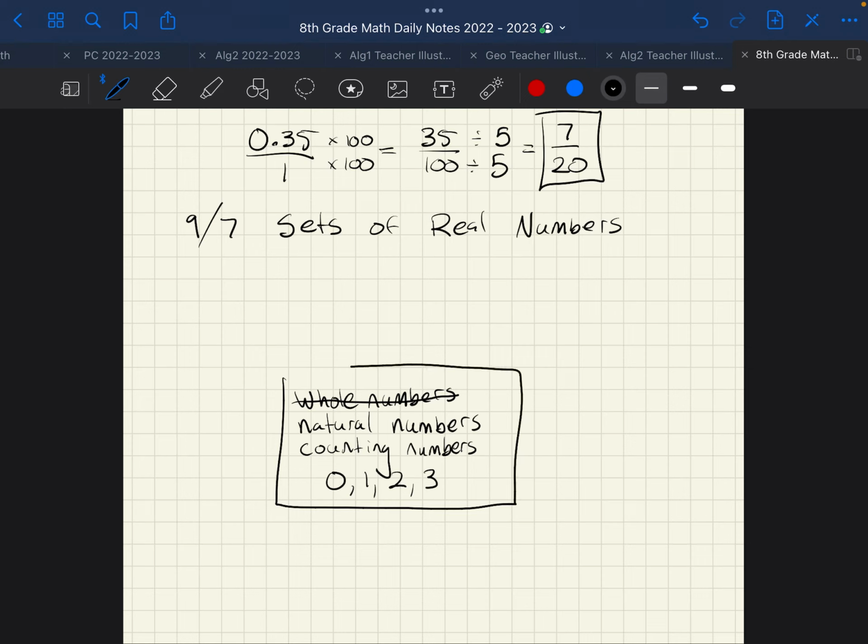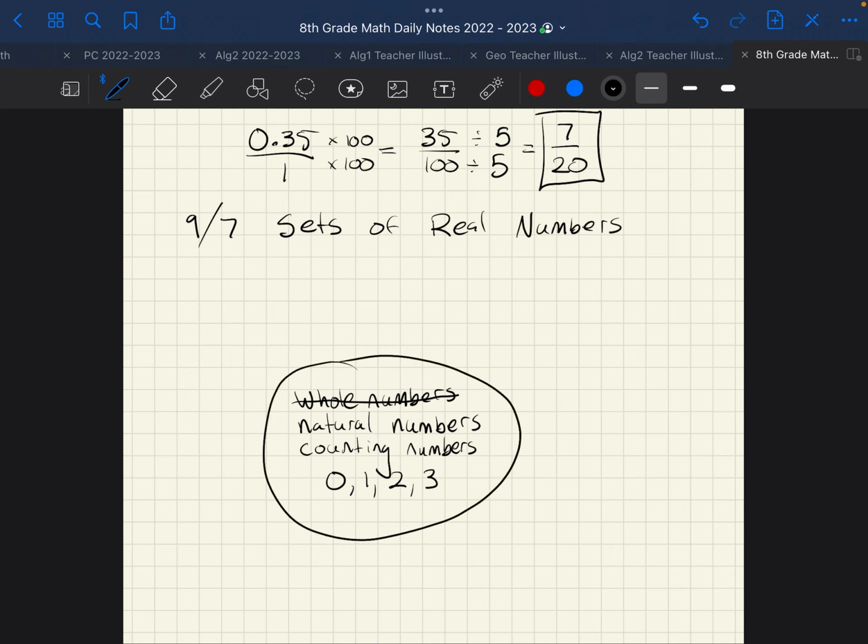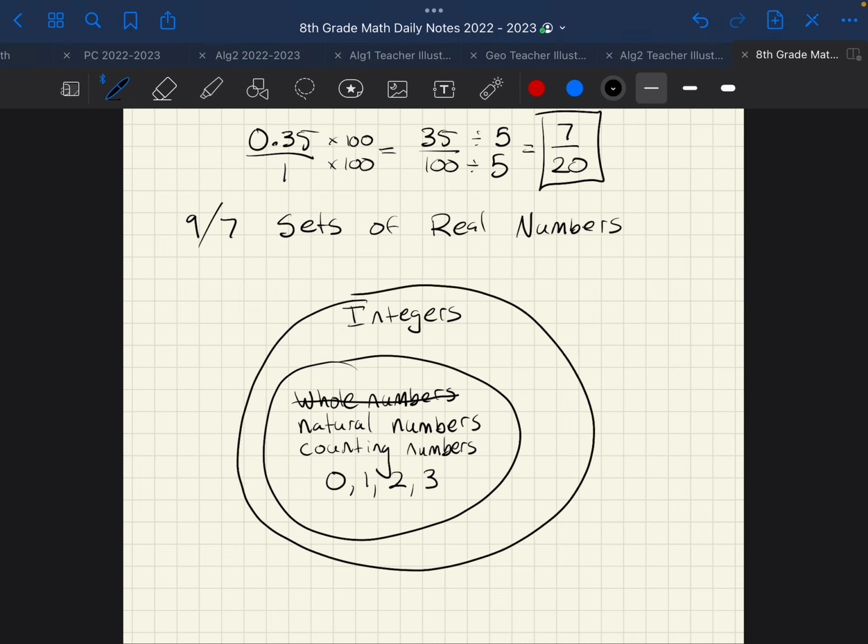But there's a problem with that, which is you don't have negative numbers. So inside of that, maybe I'll make that a circle. So this is contained within a set that is called integers. Integers contain whole numbers, but they also include more. So yes, integers still contain 0, 1, 2, and 3.